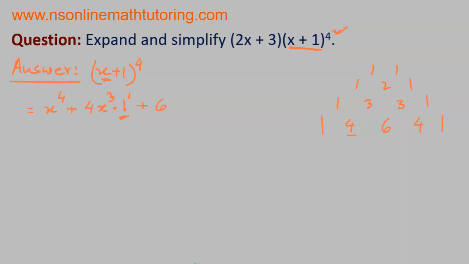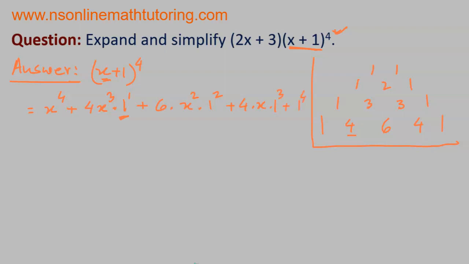So 6 times x to the power of 2 times 1 square, and then it is plus 4 times x times 1 cube, 1 to the power of 3, plus it is 1 to the power of 4.